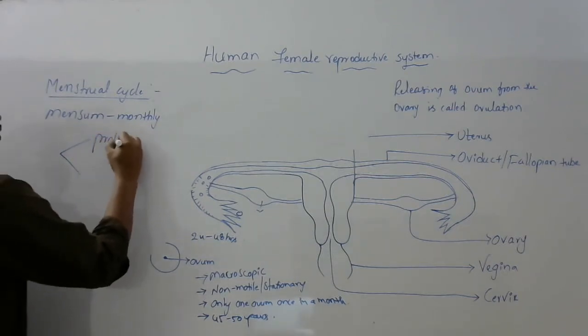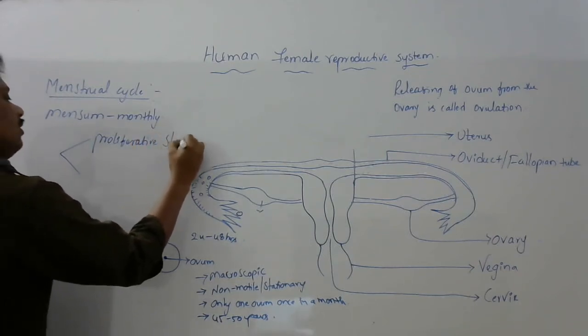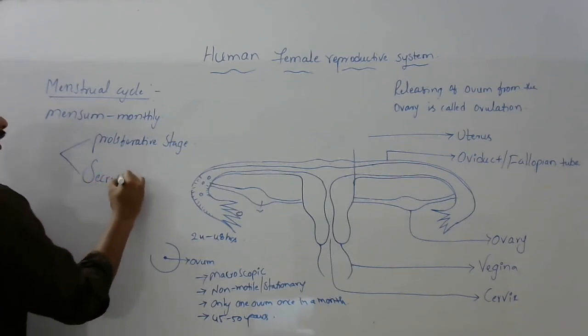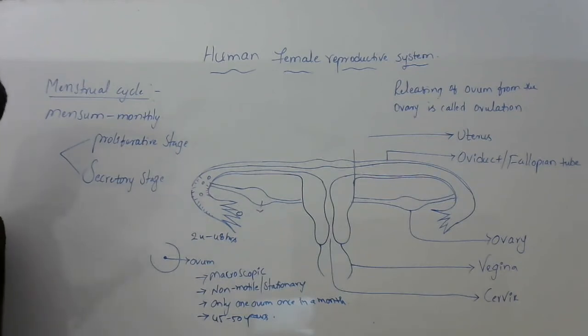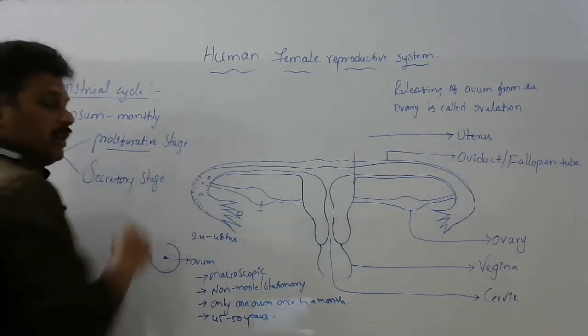One is proliferative stage. Another one is secretory stage. If you take 30 days time, proliferative stage, proliferation means multiplication.